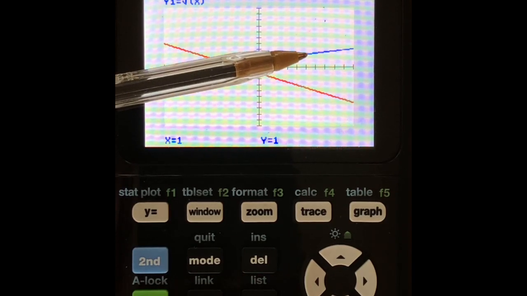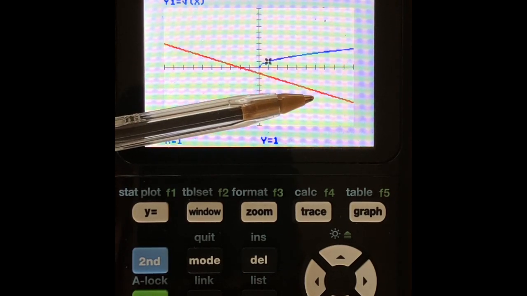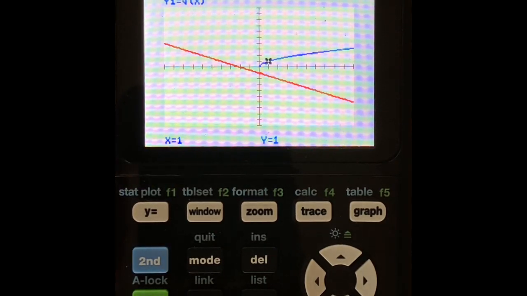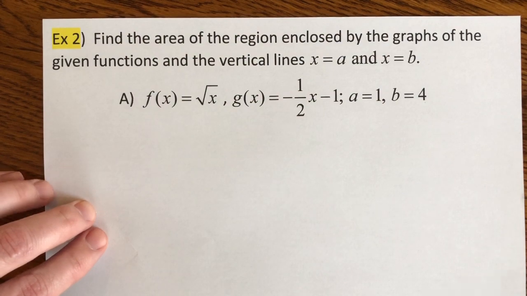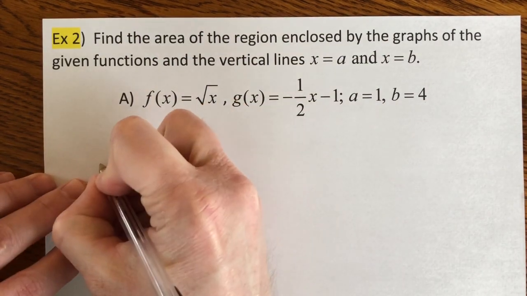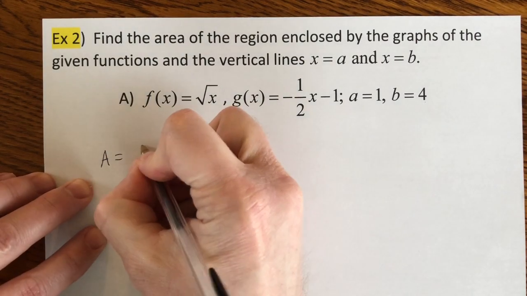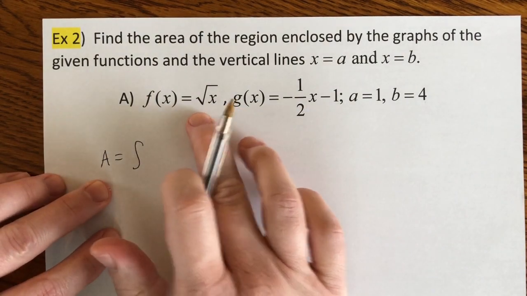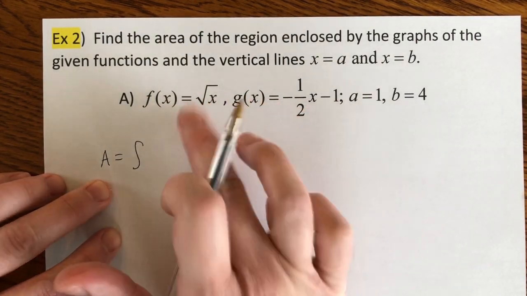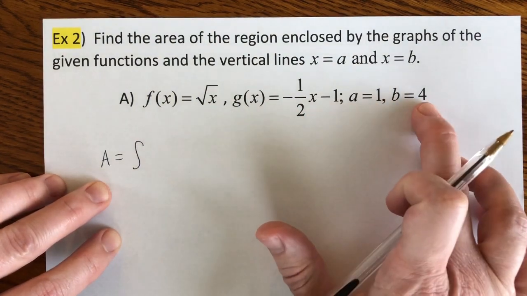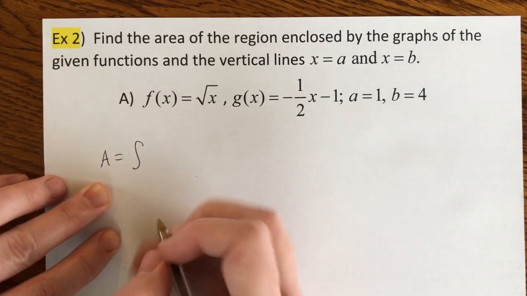So we're going to put radical x first and then subtract off this negative 1/2 x minus 1 when we set up our integral. Let's go ahead and do that now. Based upon the graphs we just saw, we would set up this definite integral. So the area bounded between the graphs of these two functions over the closed interval a to b would be expressed this way.